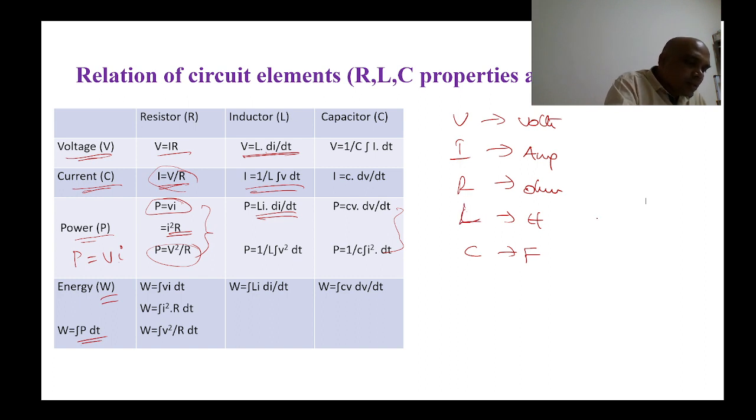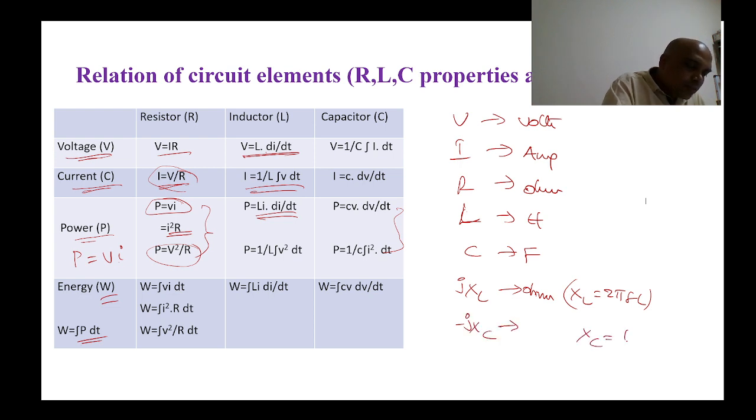Next, this is inductor. Suppose I want to find out inductive reactance. Inductive reactance XL equals 2 pi FL. So here the inductive reactance unit is ohm. Next, capacitive reactance.